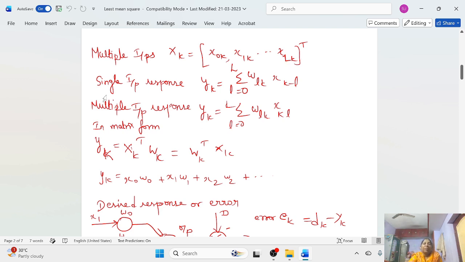Now, for a single input response, the output is yk equals the summation over l equal to 0 to L of wlk, the weights, times x of k minus l, the input.